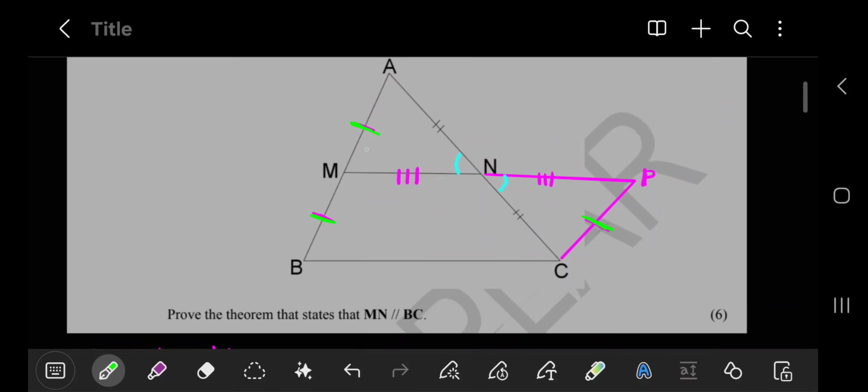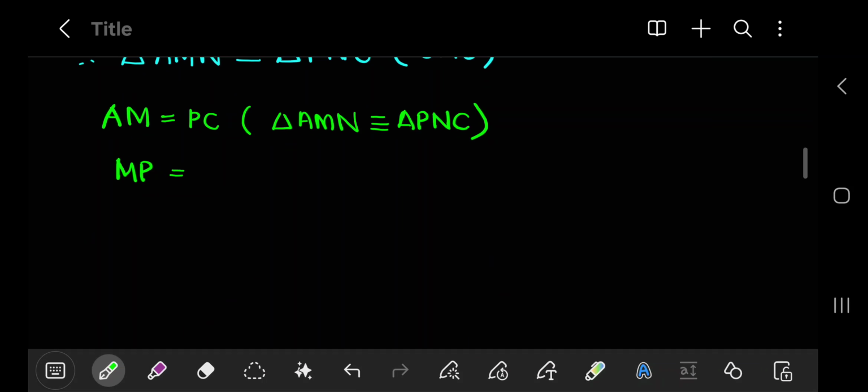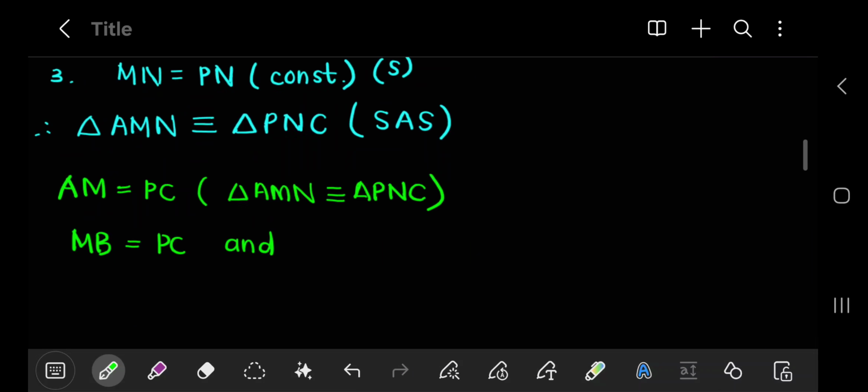Since AM is also equal to MB, we now see that in this shape, we now have MB being equal to PC. So this now means that MB is equal to PC, and also MP is equal to BC. So the two long sides are the same. MP is equal to BC.